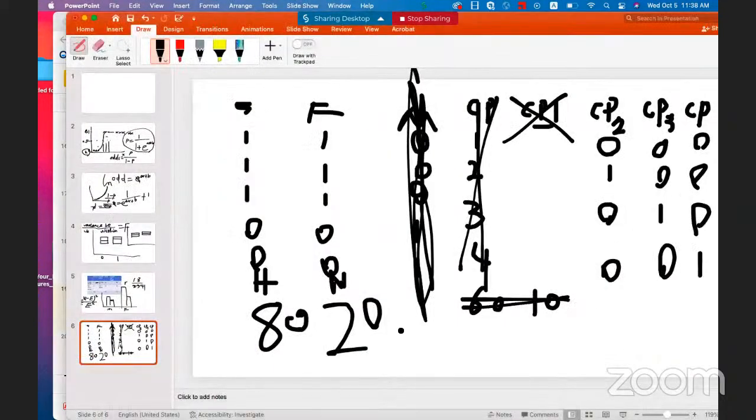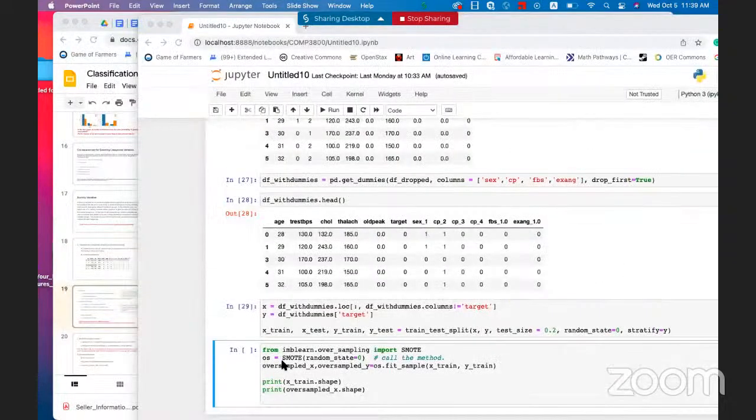Here we have only 20 samples with no heart attack, so you add to it to make it 80. That's oversampling. And with undersampling, you reduce this to 20. And you call this method SMOTE.